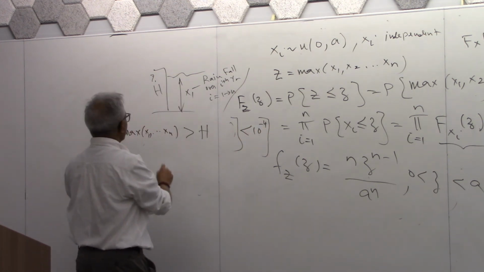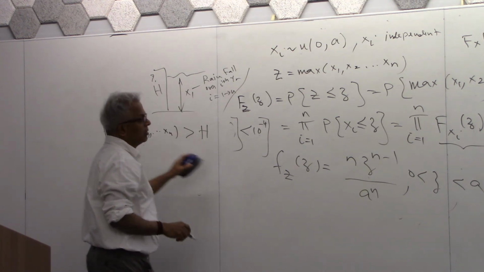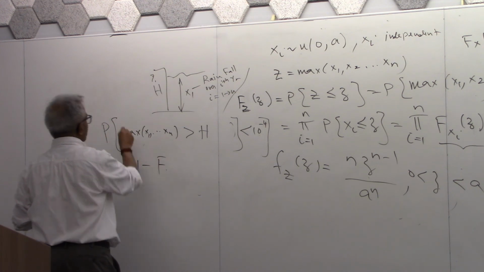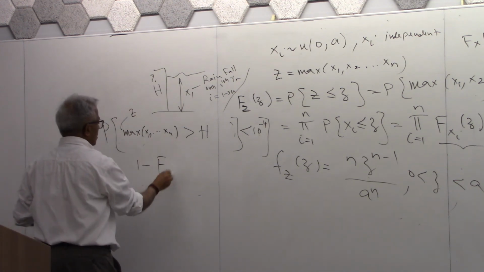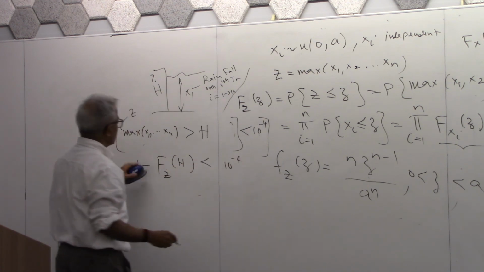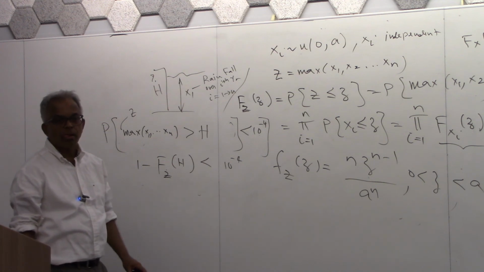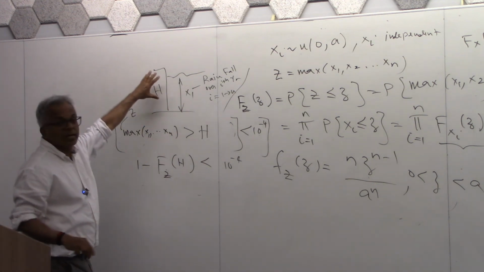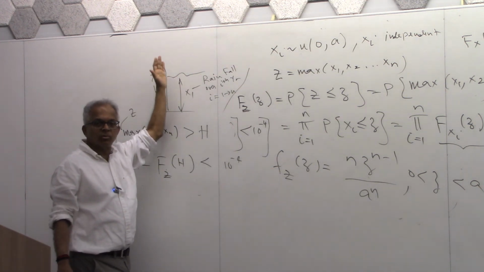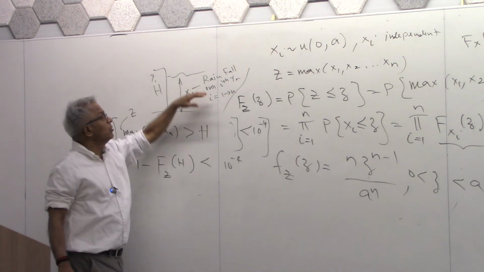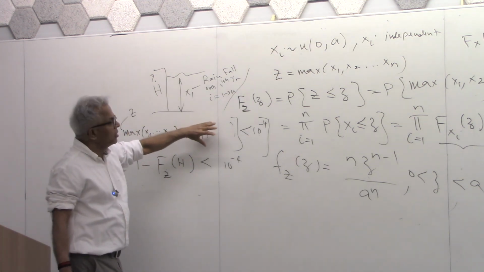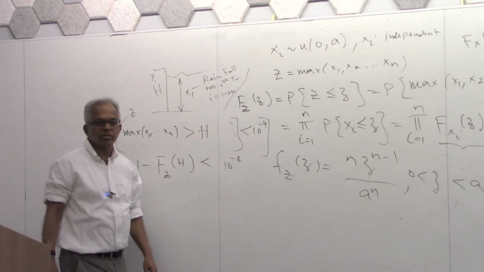So we already know the density function of this random variable. So this is 1 minus the distribution function. If you call the maximum Z, this should be less than 10 to the power minus 4. So you can solve for h. What it says is if you construct a dam here, we don't want the water to overflow. That's the whole idea. So the probability that this will overflow should be less than whatever you want to put.